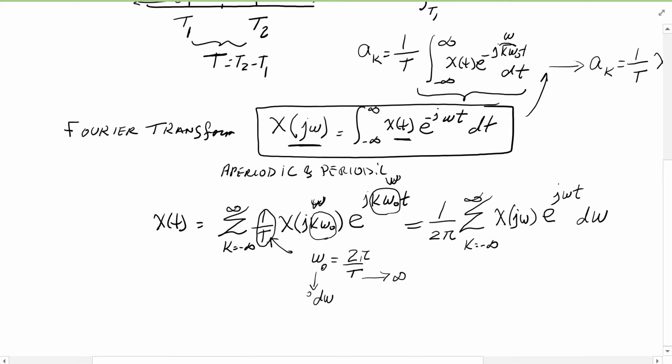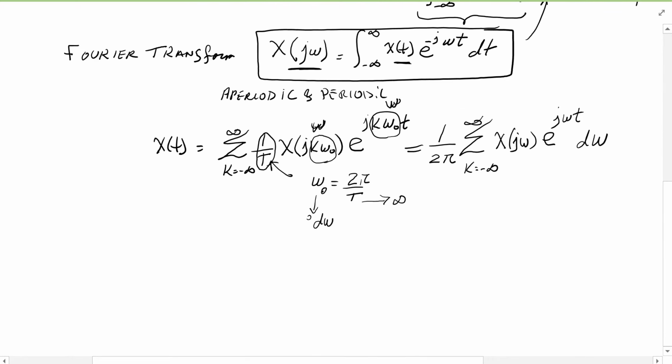And then if we work on this a bit more, since d omega is really small, this summation, x of t, can be written as an integral.